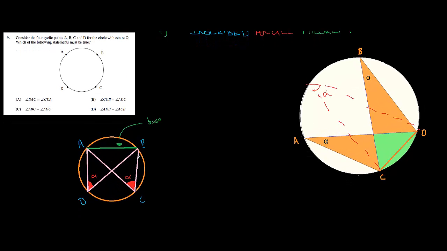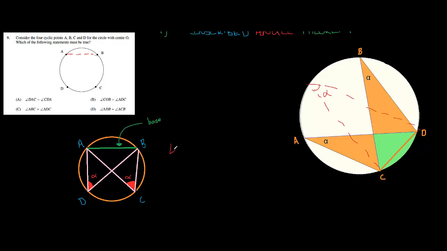So I've drawn this diagram over here, which is relevant to question 9, and in this question I've made the base AB. So this is the base here. In this case, it's kind of equivalent to CD, and you can tell. So this is the diagram that I've drawn here, the base, and this angle ACB is alpha, and because we're using the same base AB, when we draw a triangle to another point at D, it's going to be the same angle.